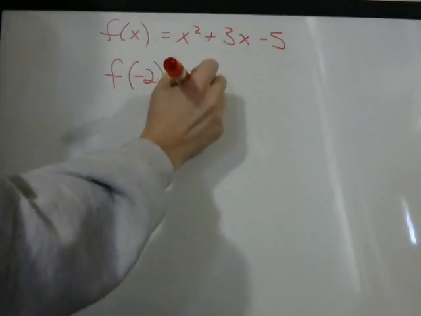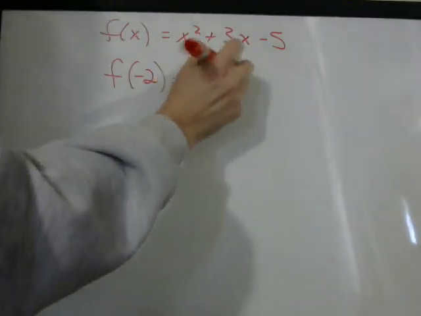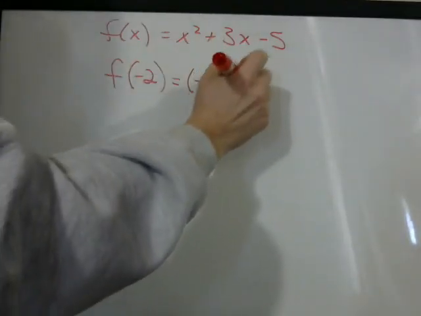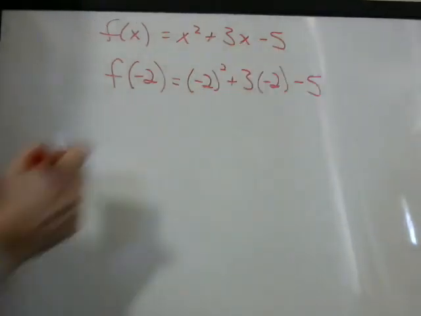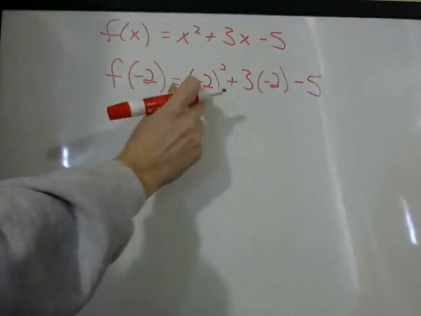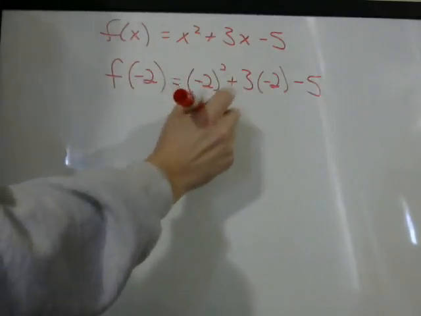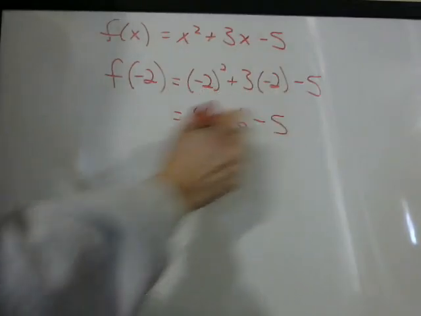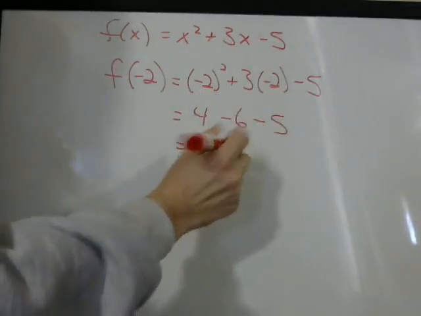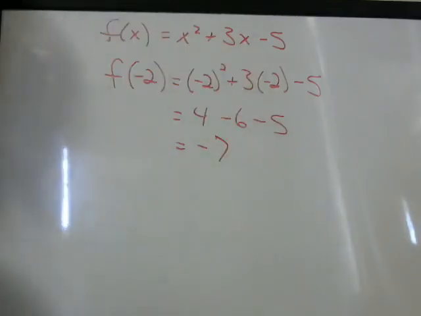So negative 2 squared instead of x squared, plus 3 times negative 2, minus 5. Negative 2 squared is 4. 3 times negative 2 is negative 6, minus 5. 4 minus 6 is negative 2, minus 5 is negative 7.